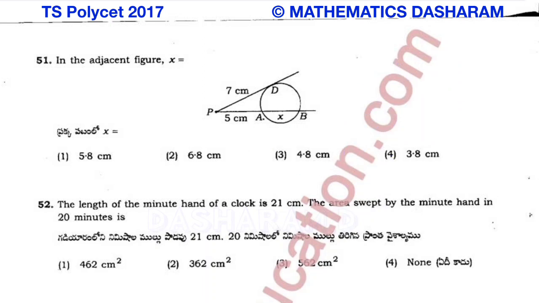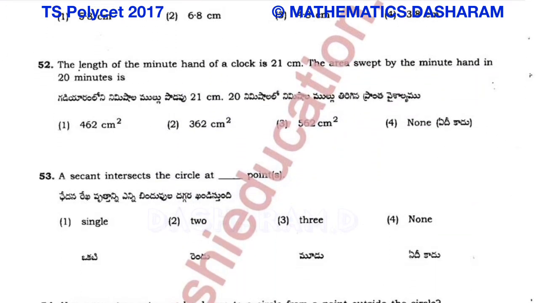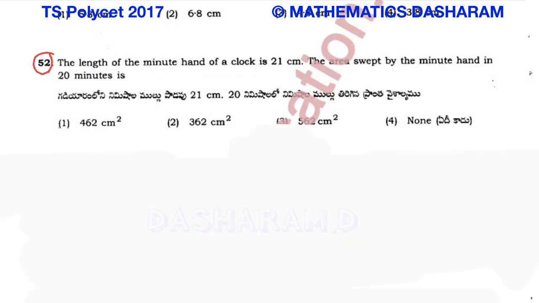Next question 52. The length of the minute hand of a clock is 21 centimeters. The area swept by the minute hand in 20 minutes is. So here is a clock, this is the hour hand, this is the minute hand. The length of the minute hand is 21 centimeters.